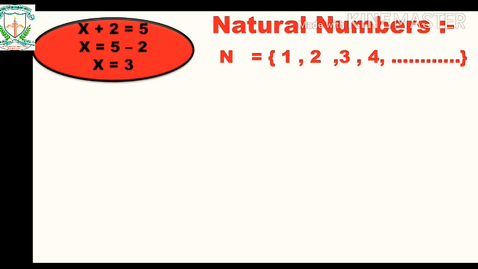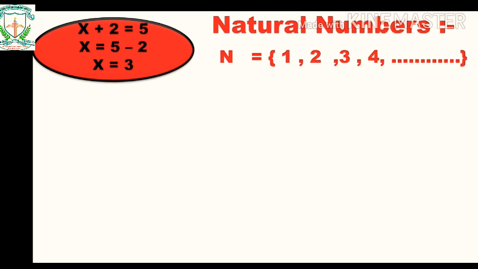Now we can define what a natural number is. The numbers which we use for counting are called natural numbers, or we can define the numbers which start from 1 as natural numbers.